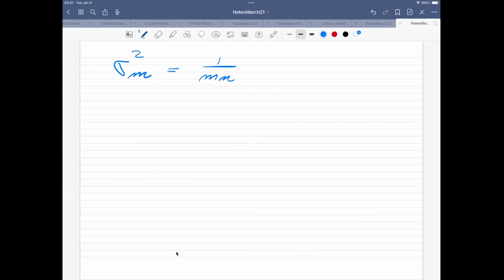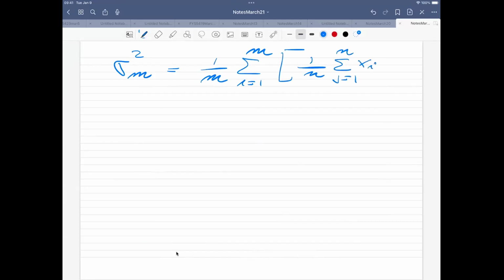So let me just rewrite it a little bit better here. So it's 1 over m, and then I'm setting up the sum here, I equal 1, experiment i, and now I'm squaring this quantity, 1 over n, sum j equal 1 up to n, and this is x_ij tilde, and this is squared.